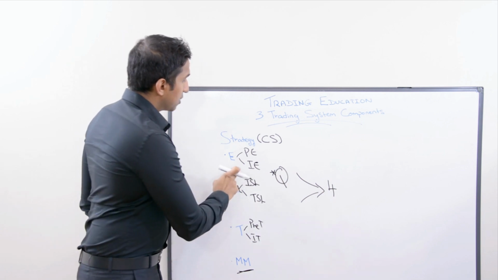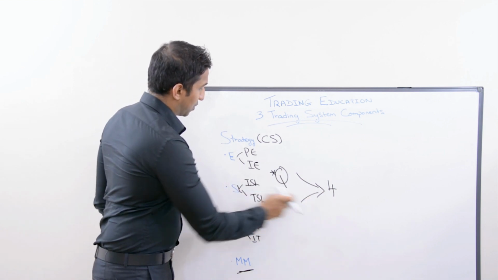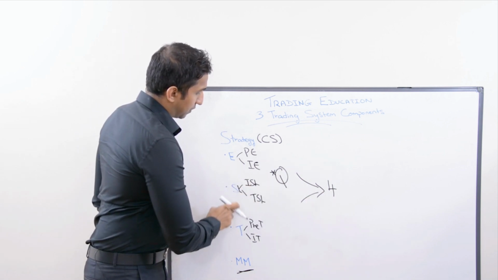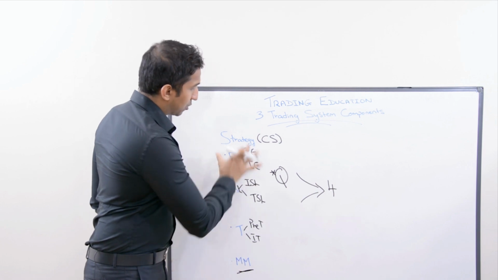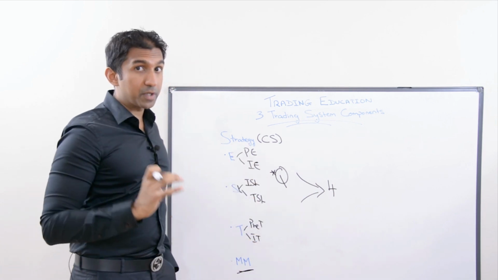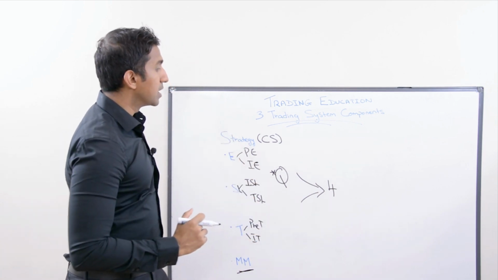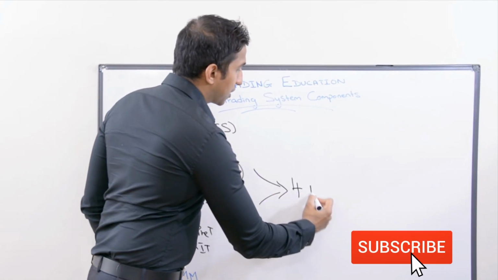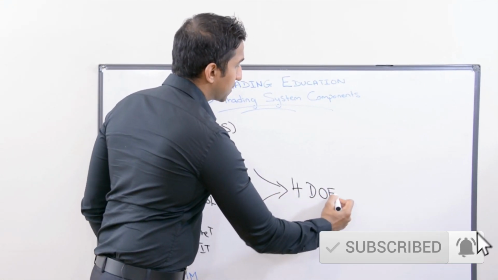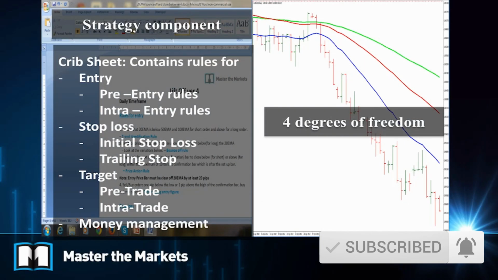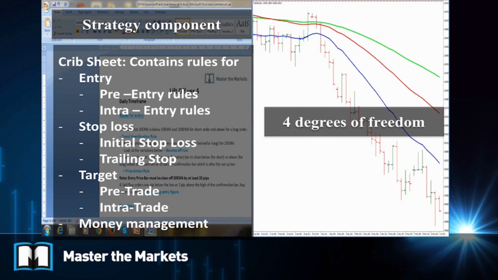Finally, you might ask, what is all of this here for? All of this that you're writing down, or from the tools that you've got from before, where you're writing all these rules from, must at least have 4 degrees of freedom. What does this mean? It's basically 4 criteria for entry, especially. You can choose your entry rules from 6 tools.